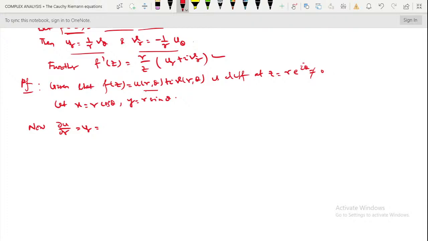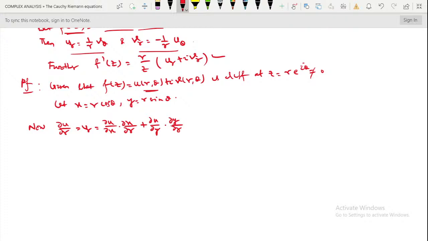So we can write u_r equal to ∂u/∂x times ∂x/∂r, plus ∂u/∂y times ∂y/∂r.